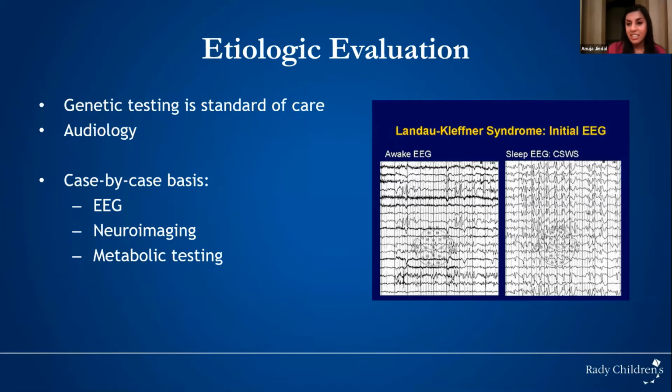And the classic finding is during sleep, you'll have a lot of these discharges. And the thought is, depending on the location of these discharges, it can interfere with development of language possibly, or something else, depending on where in the brain this is occurring. And so our goal would be to temper that down a little bit with medication and help, hopefully, a child progress in their development.